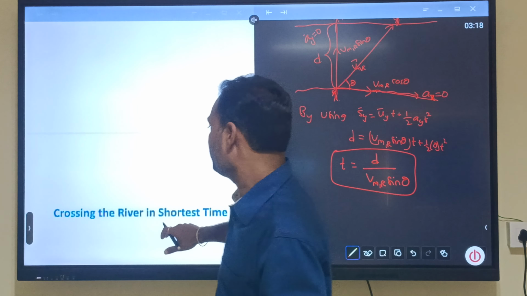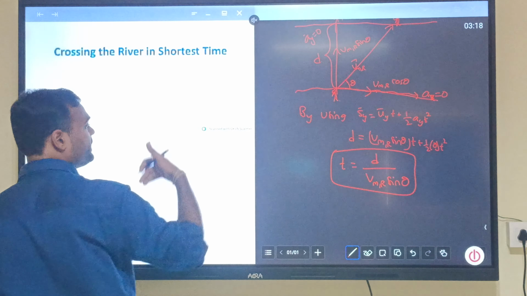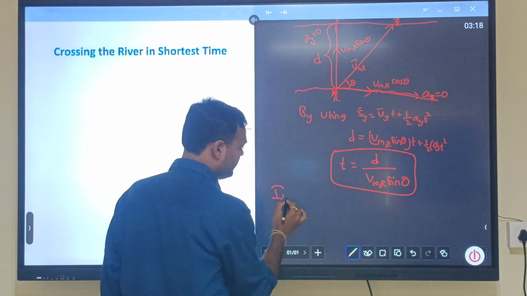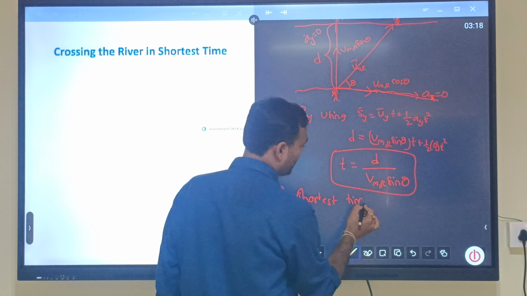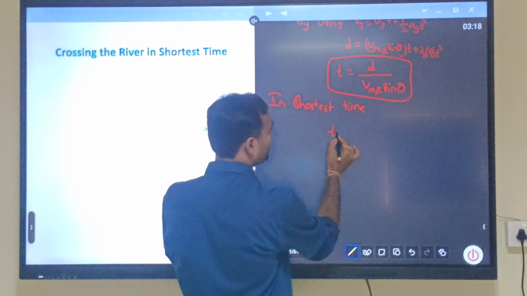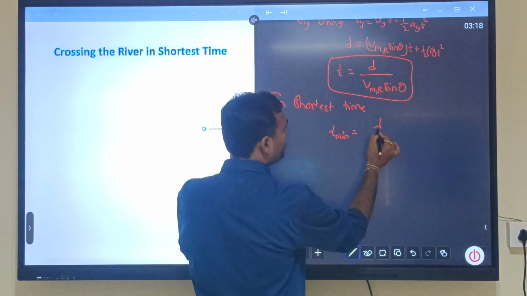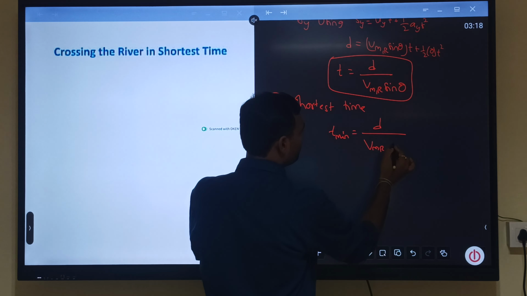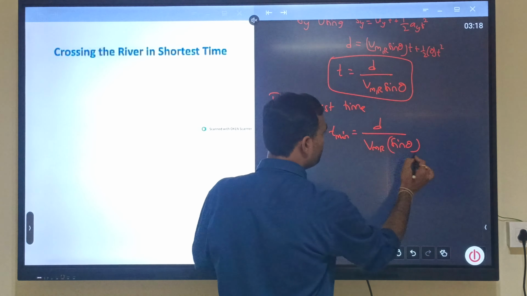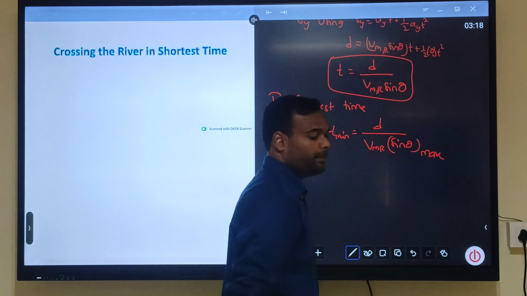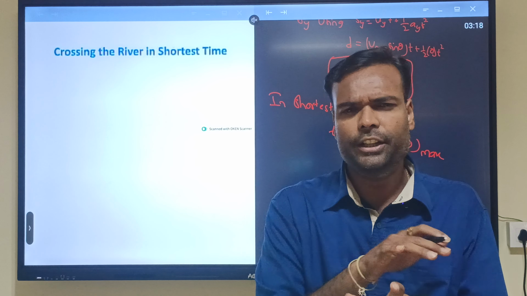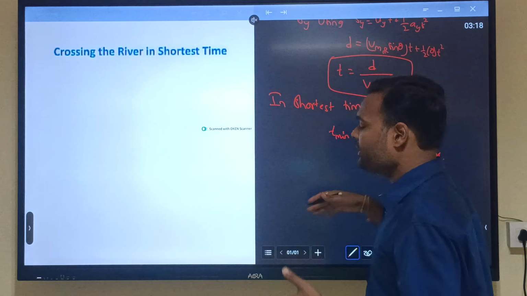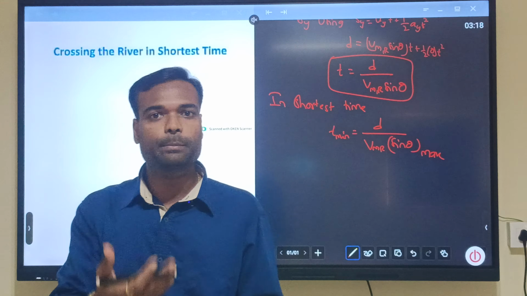Now the condition is crossing the river in shortest time. In shortest time means t will be minimum, so d by Vmr sin theta should be minimum. Vmr, the velocity of man with respect to river, is his capability, so it cannot change, and the d value, which is the separation between the river banks, cannot change either.